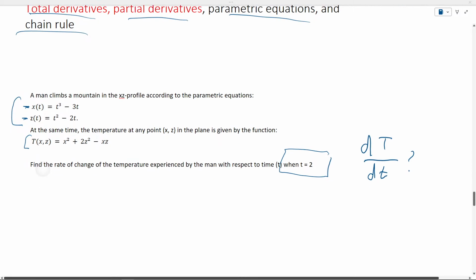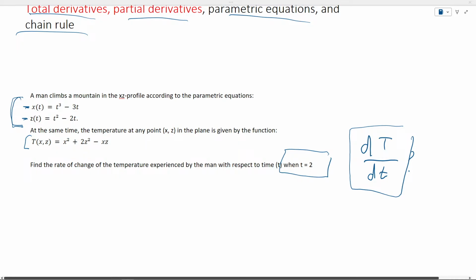This is an example of total derivatives, where I can use parametric equations and partial derivatives. Let me explain this because this example will help you to see these concepts. Temperature is changing with time.